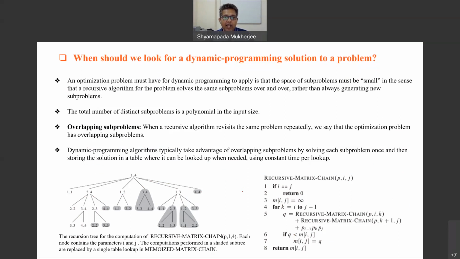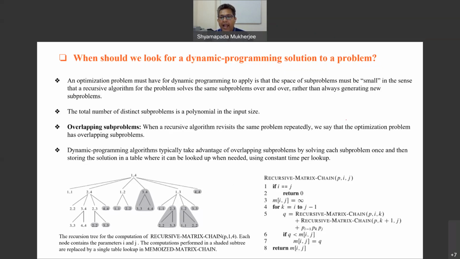But we need one more property to be satisfied when we apply dynamic programming. So first of all, it should have the overlapping subproblems property. That means one subproblem or two subproblems may contain the same subproblems in them. In simple words, the same subproblem appears in different subproblems.